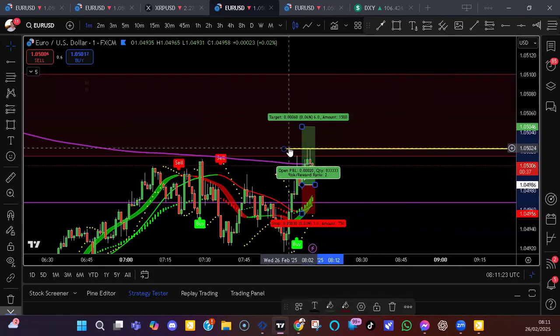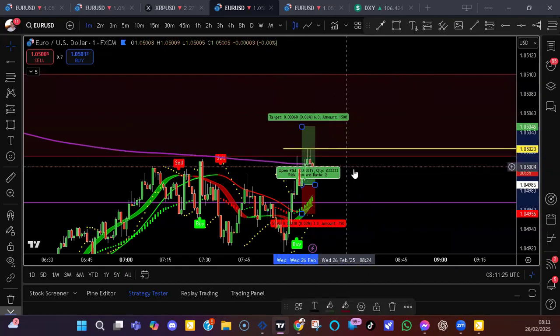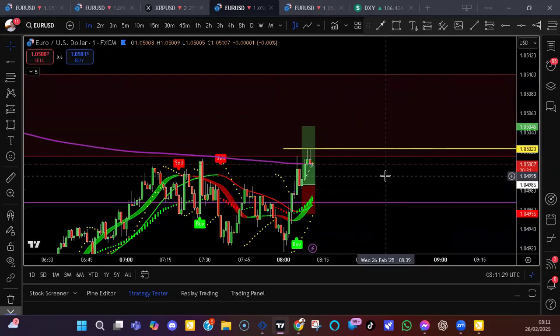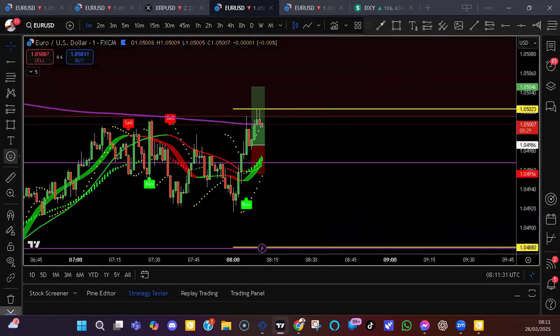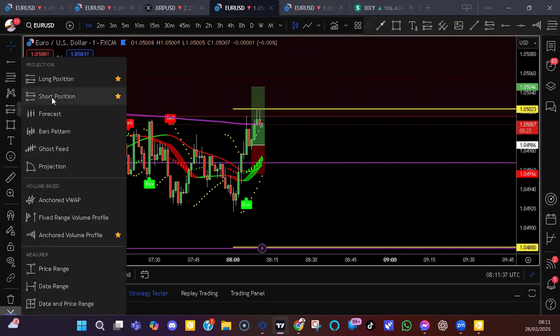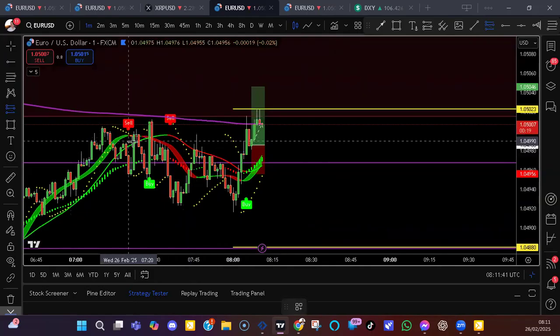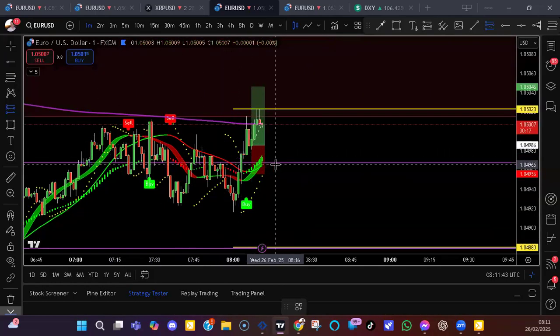But really now we've touched the sell zone. So I'll be looking for the next sell, which would be, we'll mark that up. Don't forget all the time we are in consolidatory area here.